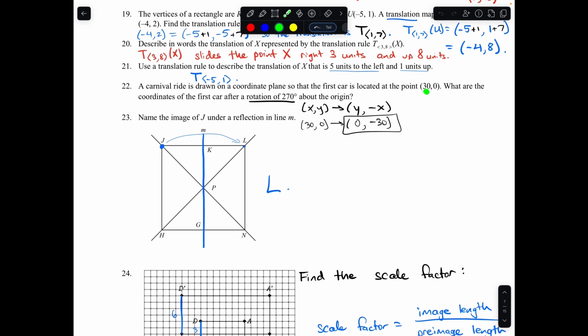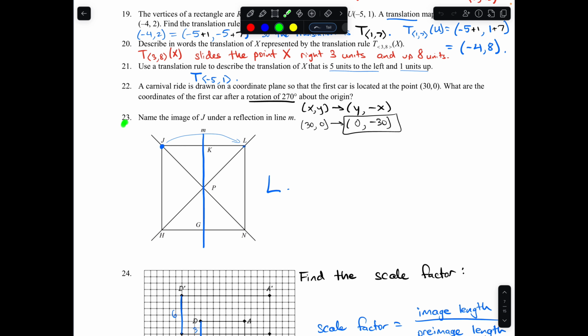So x is 30. That means that we'll have a -30 as our new y coordinate. 0 is our y. So 0 is going to be the new x coordinate. So 30, 0 is going to go to 0, -30. And that would rotate at 270 degrees about the origin.